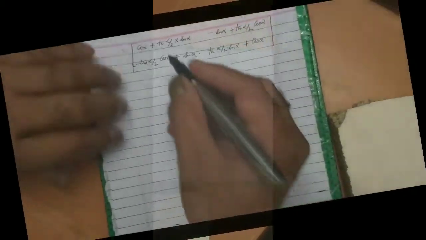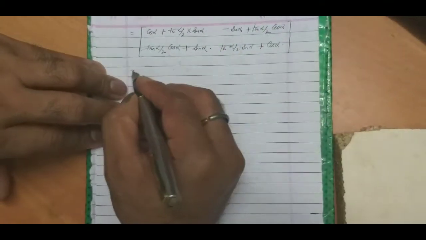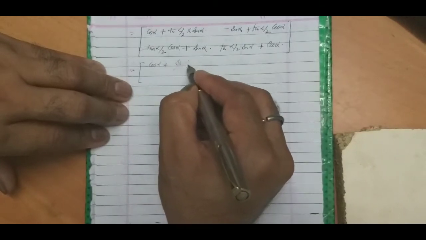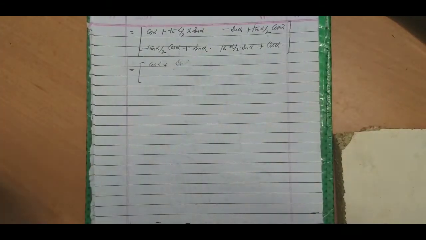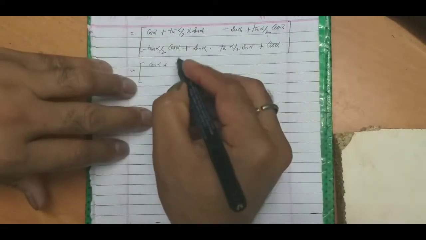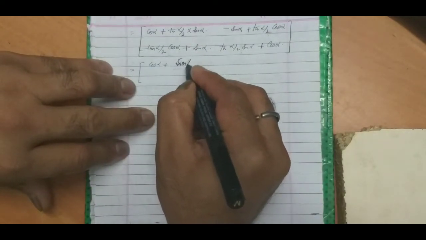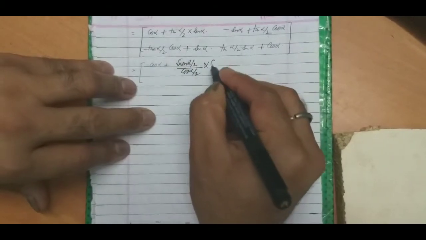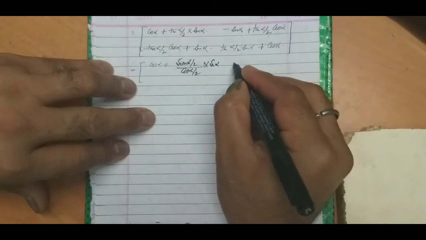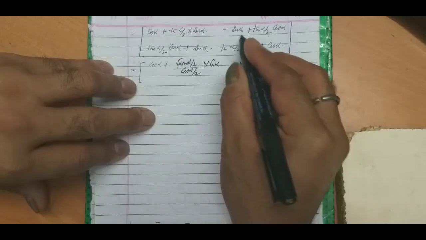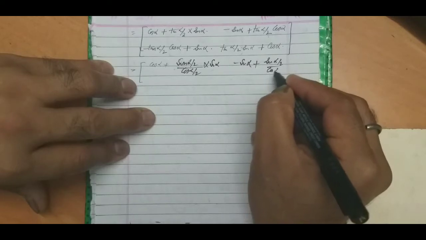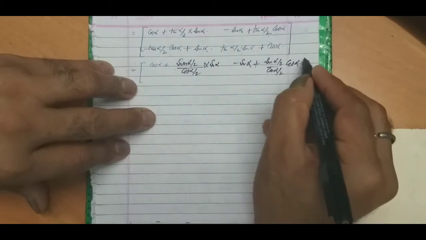So now let us break this tan alpha by 2 into sin alpha by 2 upon cos alpha by 2. So cos alpha plus sin alpha by 2 upon cos alpha by 2 into sin alpha, minus sin alpha plus sin alpha by 2 upon cos alpha by 2 and cos alpha.